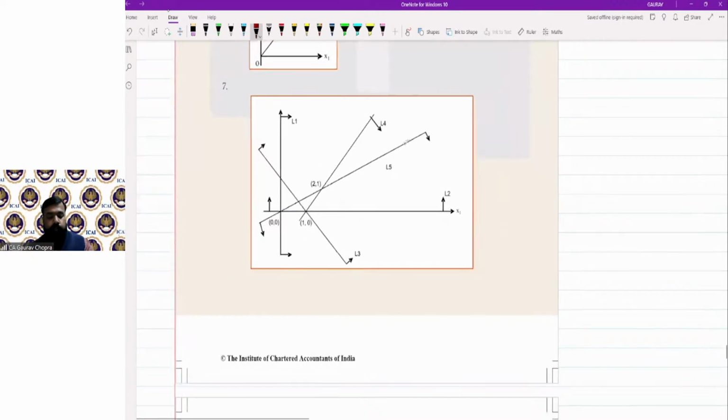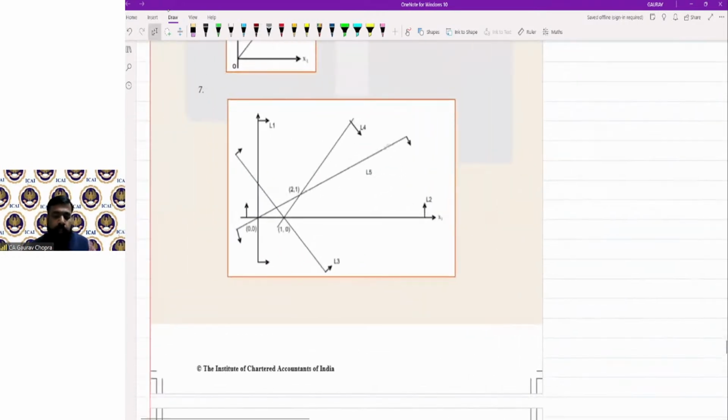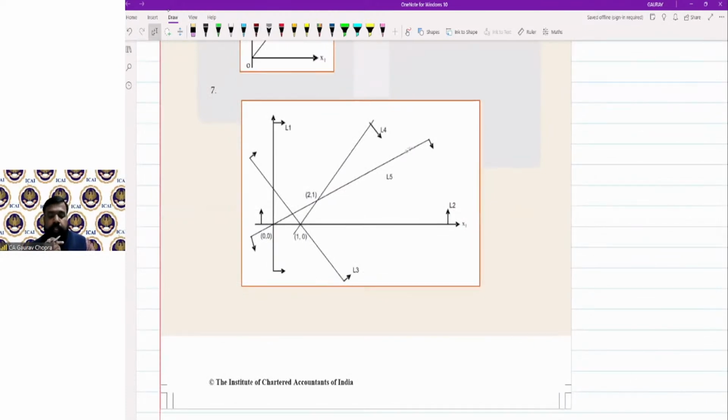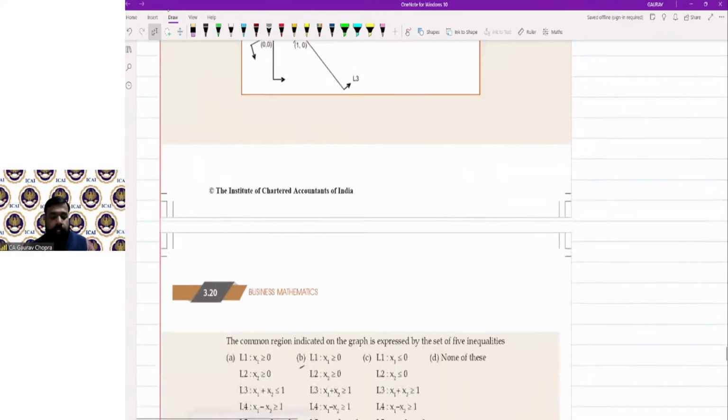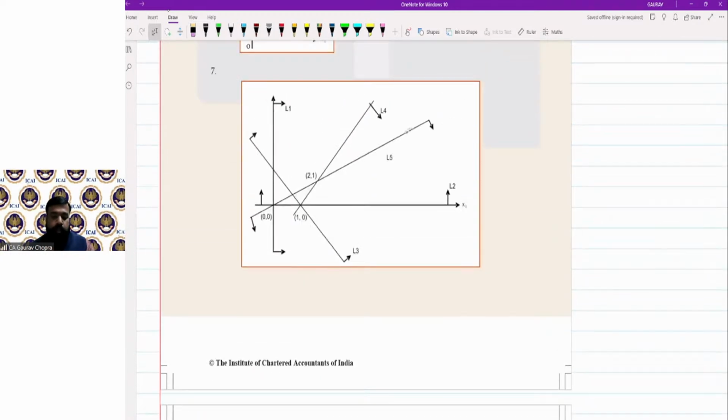Then the seventh one. Arrows are marked inside, some are outside. And what is the requirement? You are required to see which inequalities are correct. So first is L1.